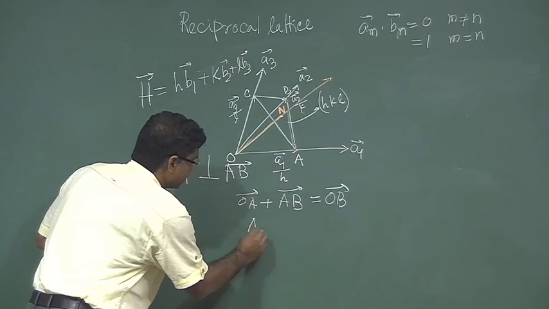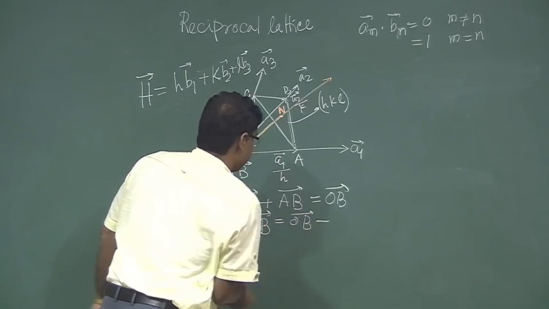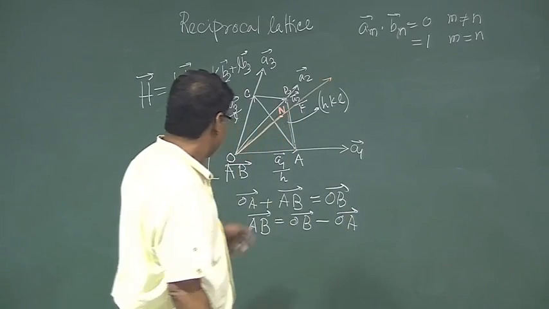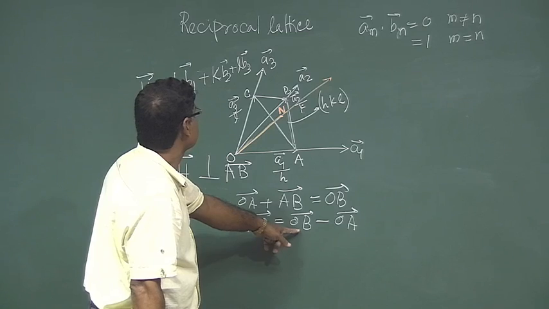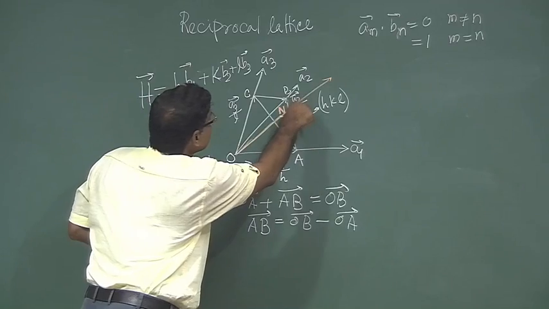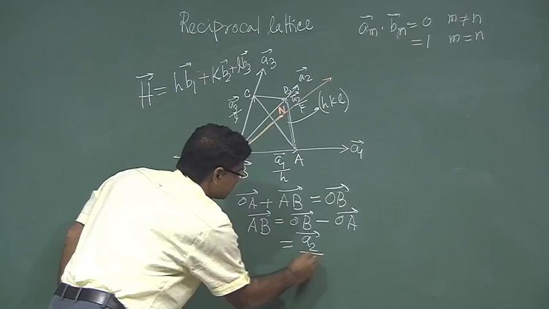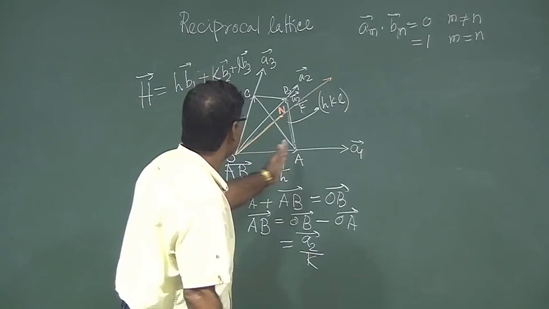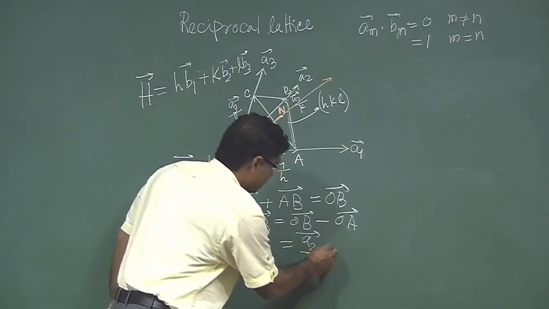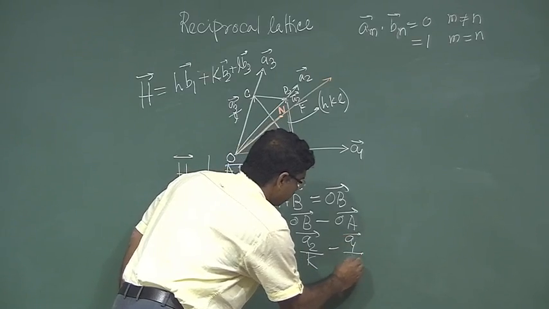So, AB equal to OB minus OA, right. Now, what is OB? OB is basically A2 by k, right. And what is OA? OA is A1 by h. So, minus A1 by h, right.